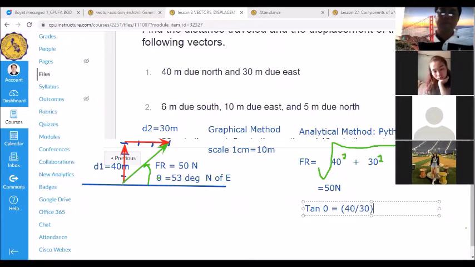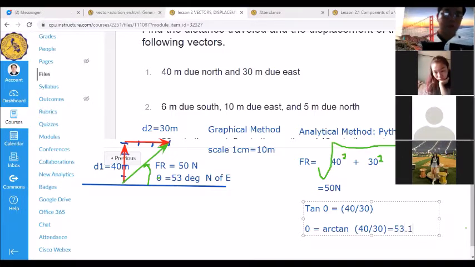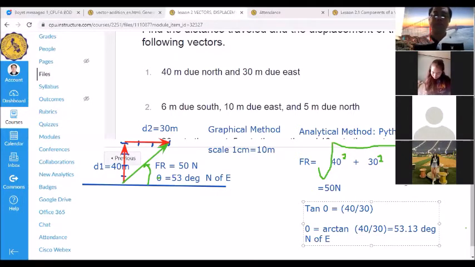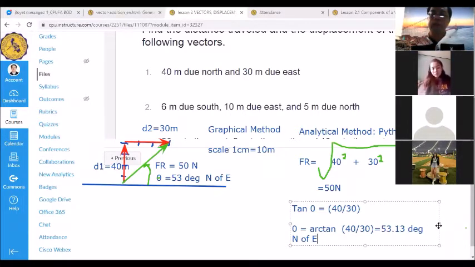Therefore, theta is equal to the arc tangent, the tangent inverse, of 40 divided by 30, which gives us 53.13 degrees. If you include the direction, that's north of east. So the two values always needed for a vector are a magnitude and a direction.